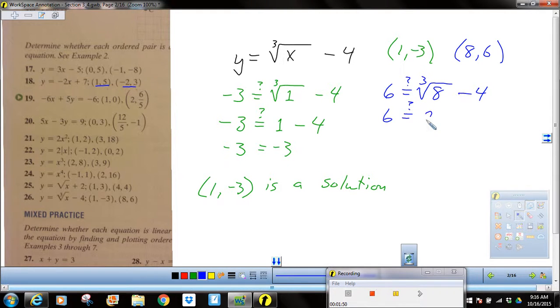The answer to that is 2, because 2 times 2 is 4 times 2 is 8. And if I have 2 minus 4, I'm not getting a positive 6. So 6 is not equal to -2. So 8, 6 is not a solution.